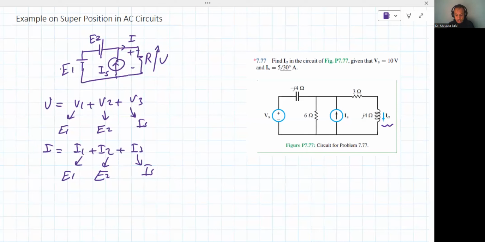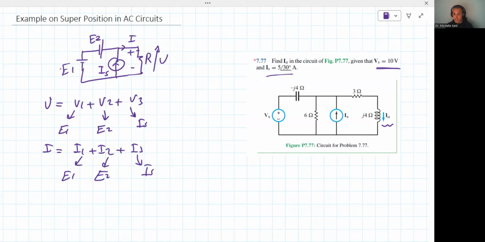That's basically the question. So you have here two sources, IS equal to 5 angle 30, it has a phase of 30 degrees, and the voltage source with a constant value, 10. Okay, there is no angle, there is no phase. The phase is zero. If the phase is zero, we don't write it. So we have two sources, so we're gonna solve the circuit two times.